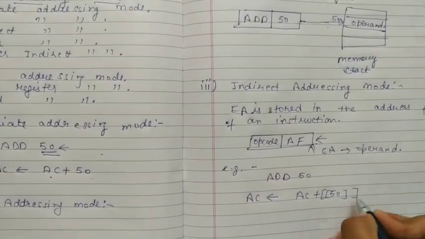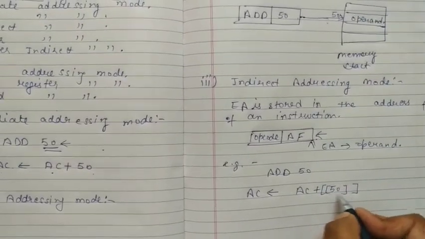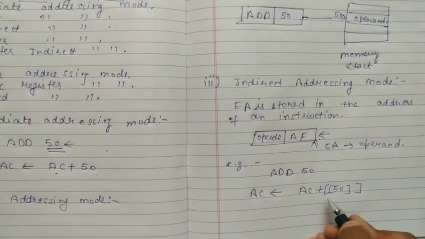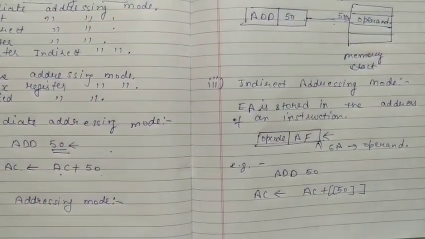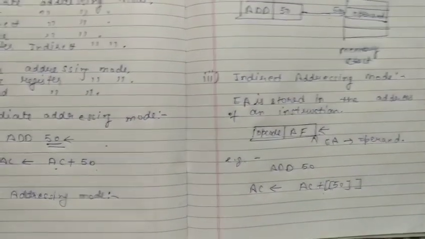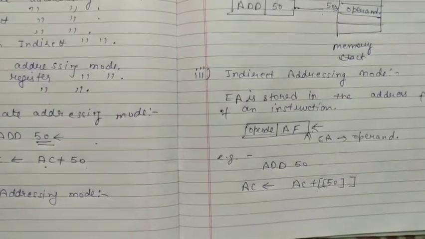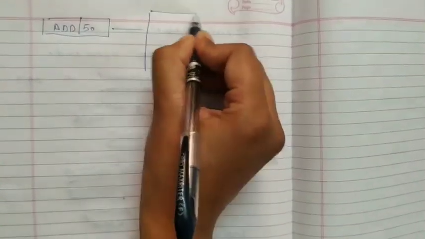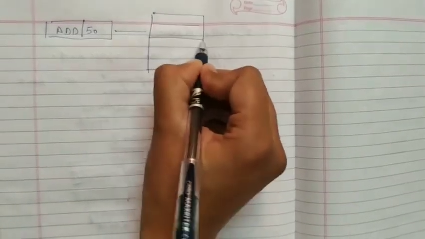Here we have used double square brackets to represent that it will be the value at the memory location of 50, and at that memory location we are going to find the value which will work as an operand for our instruction. The graphical representation for this will be like this: add 50. Here we have our memory stack.